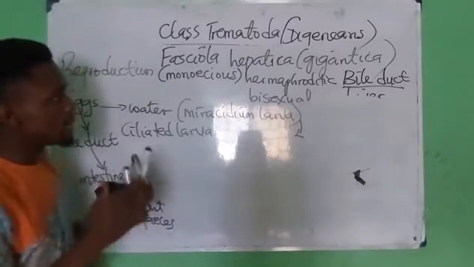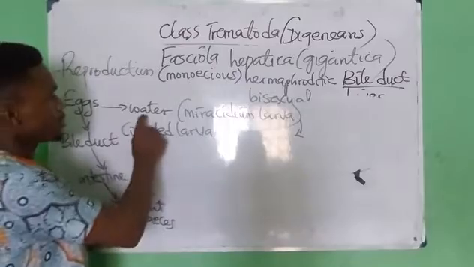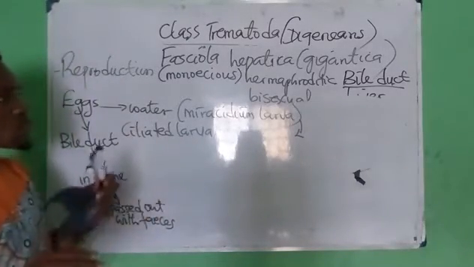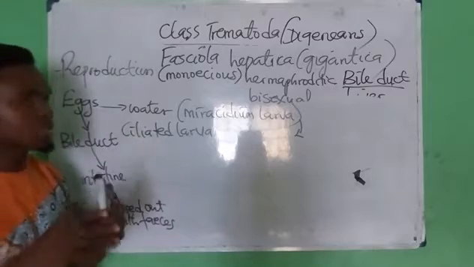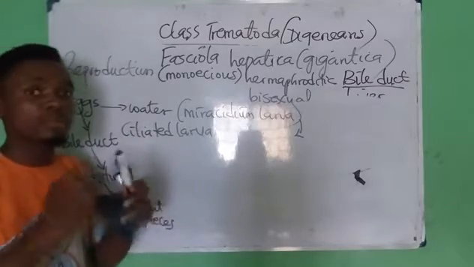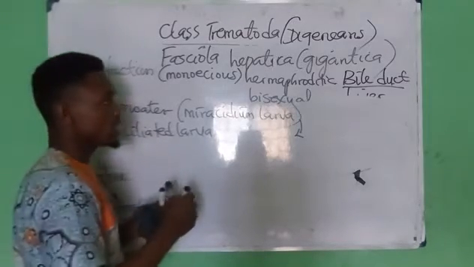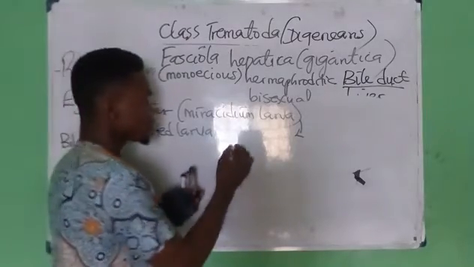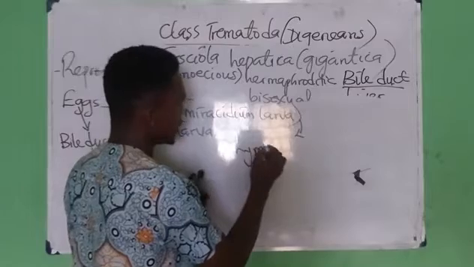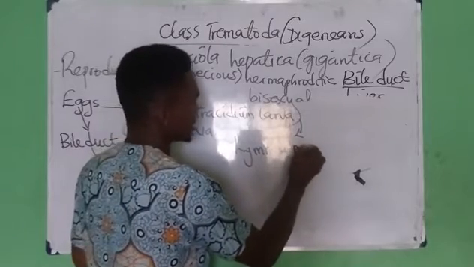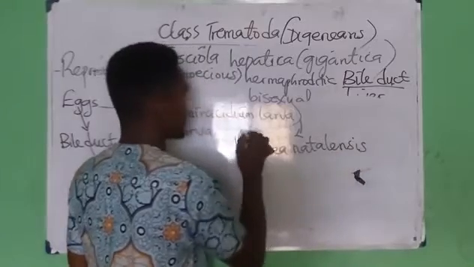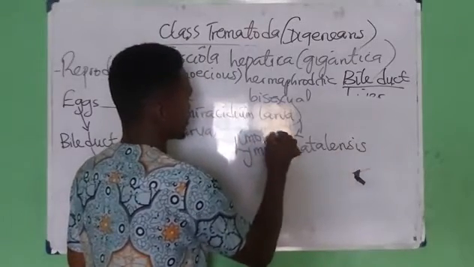It swims, because there is presence of water. As soon as it swims, it locates the primary host, and this primary host is a mollusk, as I initially said. This mollusk is called Limnaea natalensis, which is a mollusk.